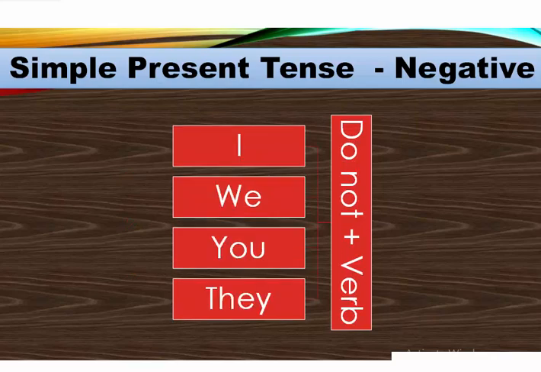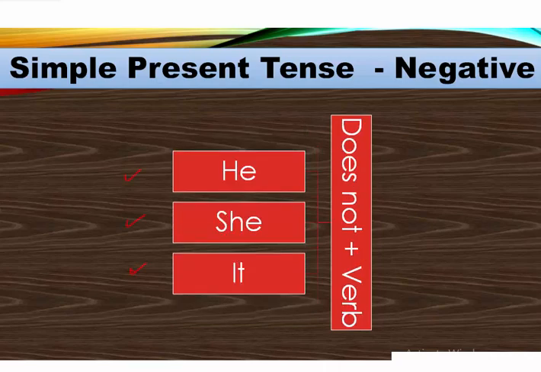So easily you can understand: I, we, you, they do not plus verb, and he, she, it does not plus verb.